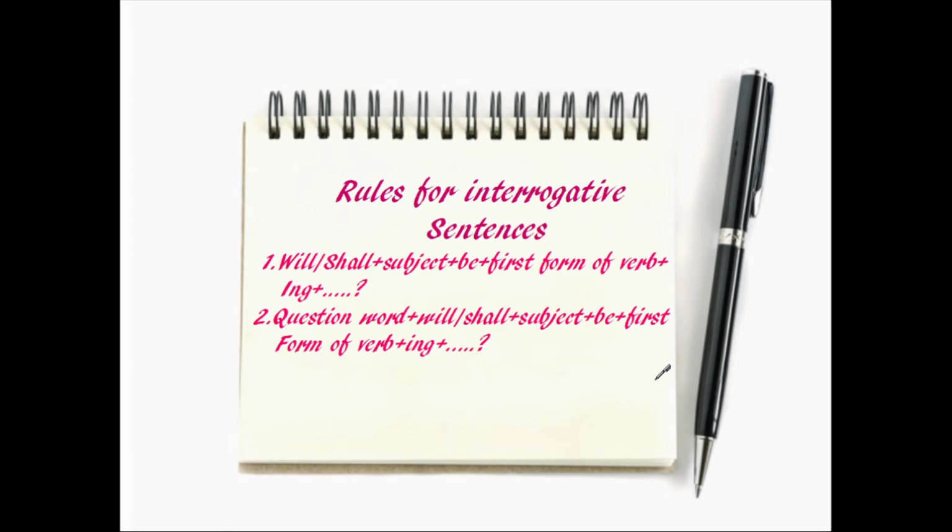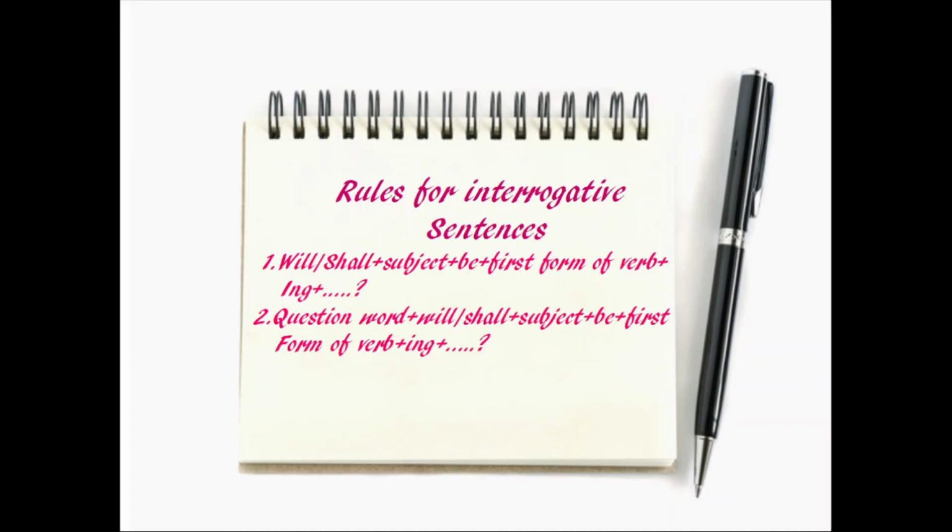Now here are the rules for interrogative sentences. First one is will or shall plus subject plus be plus first form of verb plus ing plus the rest and the question mark. For example, will this boy be wandering in the forest?